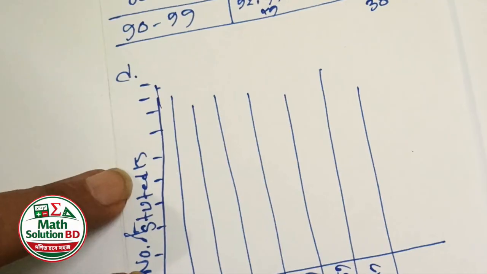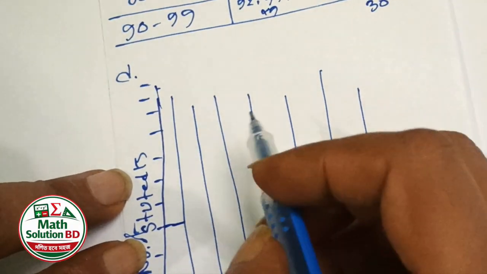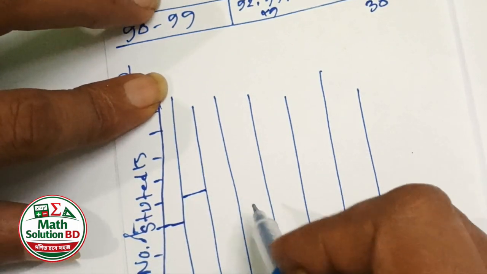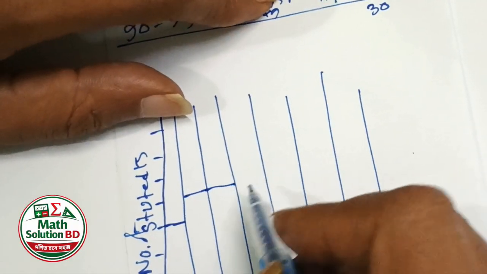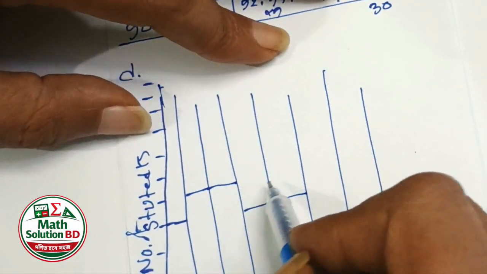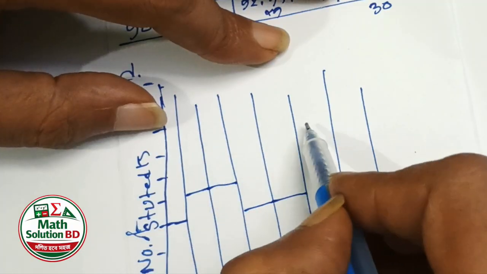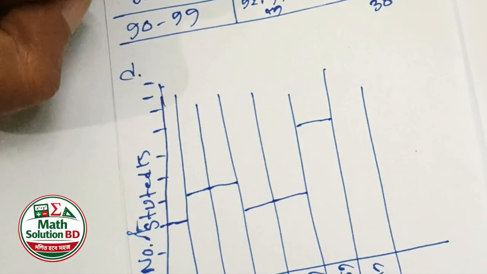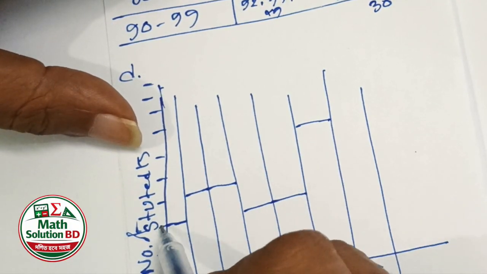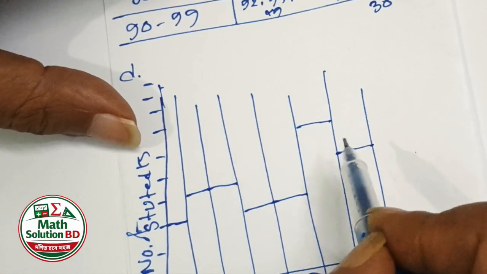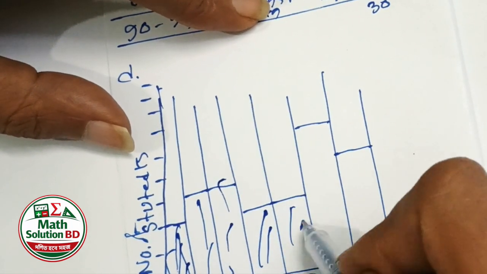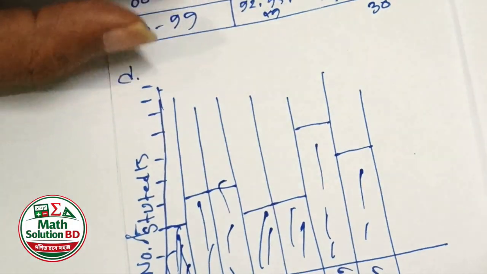Okay, 3 students got this, then 4 students, then again 4 students, 3 students, 3 students, 7 students got this, and 5 students got this. Then we can color this. This is the histogram.